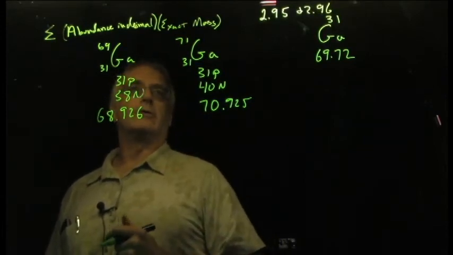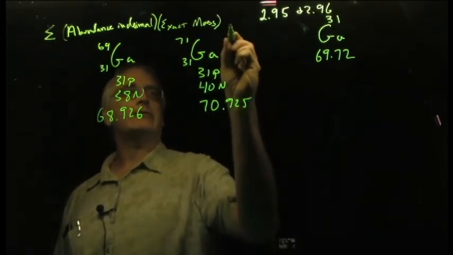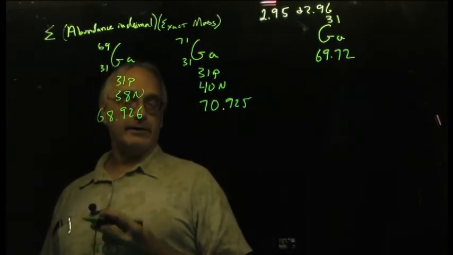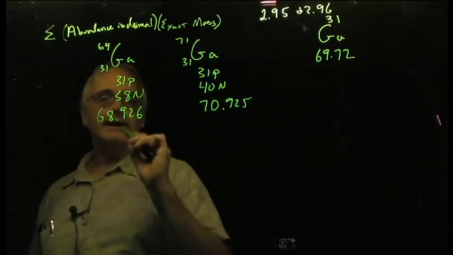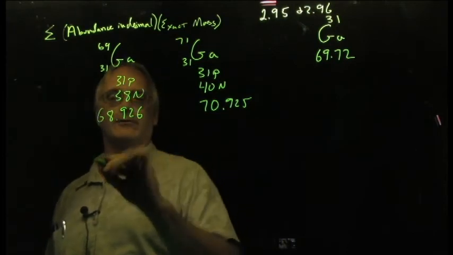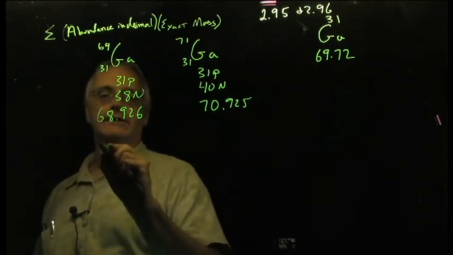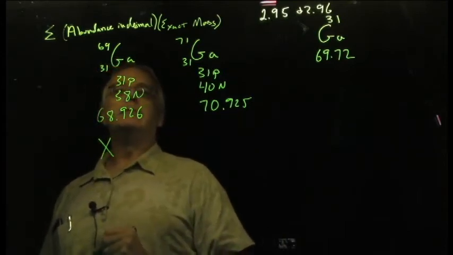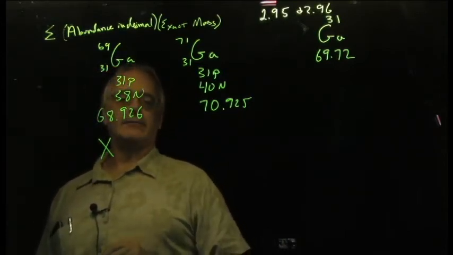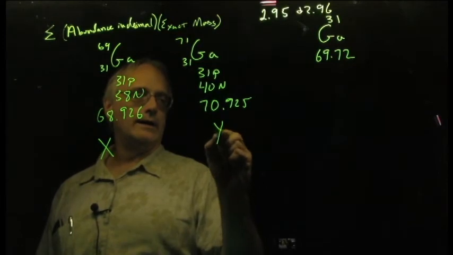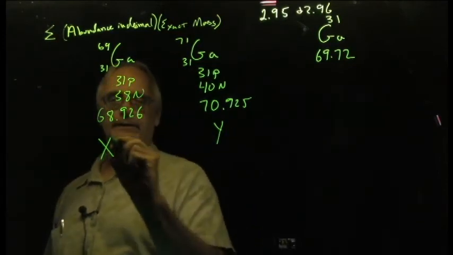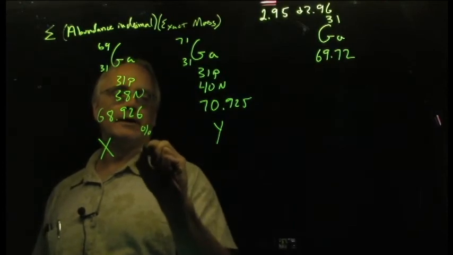This particular question gives you the answer and the exact masses and asks you for the abundances in decimal form. In other words, this particular problem is simply this. Let x be the abundance for gallium-69, y the abundance for gallium-71, and these are the percent abundances.